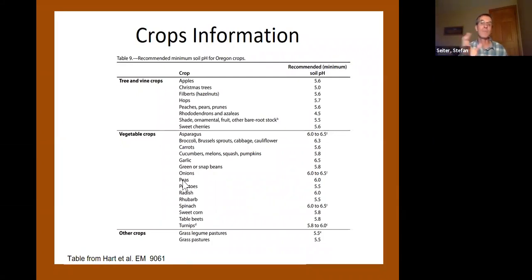So actually 6.5 to 7 would be much better, because those soil bacteria that fix the nitrogen, they love the neutral range and not 6.0. So they would do a lot better, even though beans and peas can handle fairly well 6 and even slightly lower than that.